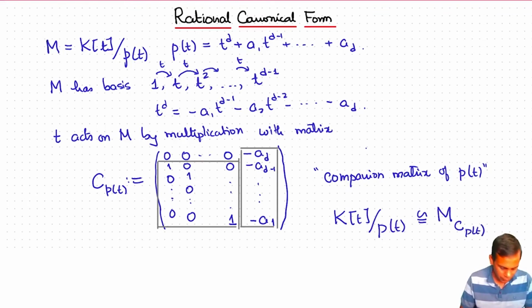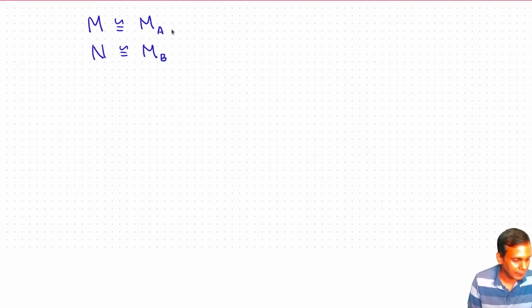Now, suppose we have two modules. We have a module M, which comes from a matrix A, and we have a module N, which comes from matrix B. Say A is an m by m matrix and B is an n by n matrix, A belongs to M_m(K), B belongs to M_n(K).